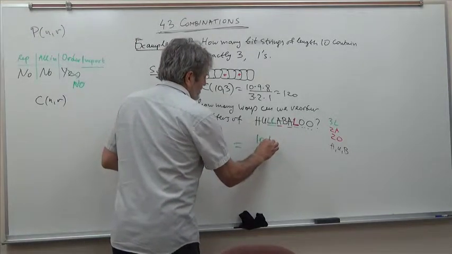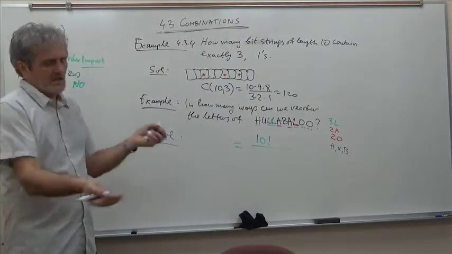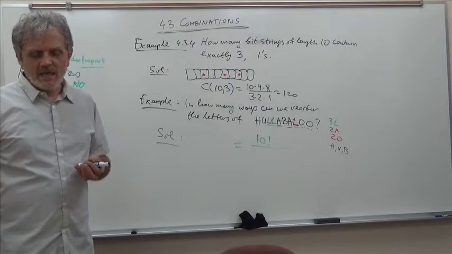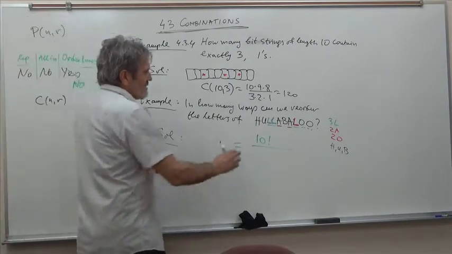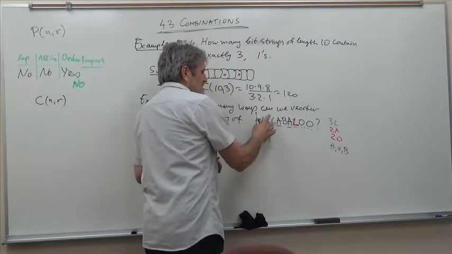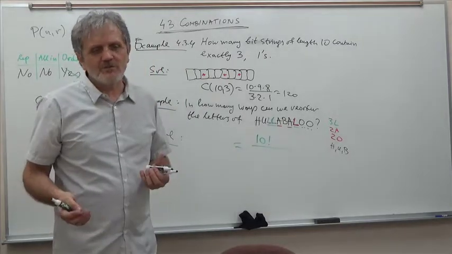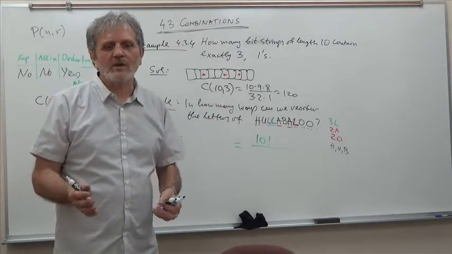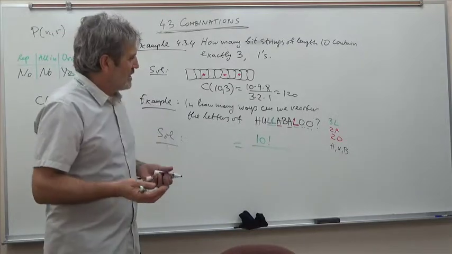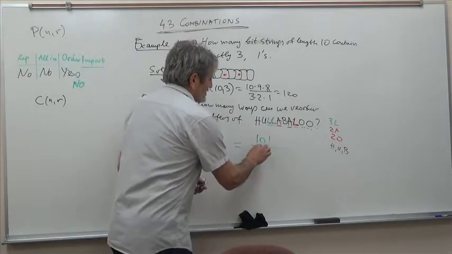So what would that be? I would get 10 factorial. Why? Because I have 10 different objects and I can shuffle them in 10 factorial ways. But then every permutation of the L's, when red comes here, blue comes here, green, is actually not changing my configuration, because a black and white printer sees it as the same word. So how many of those permutations among the L's can I do? 3 factorial.